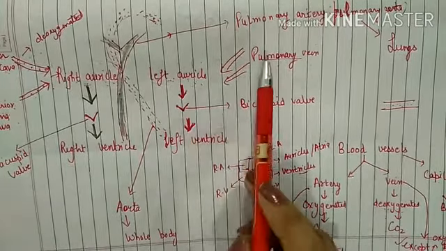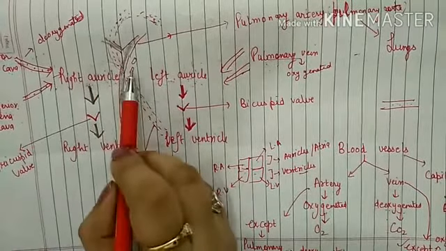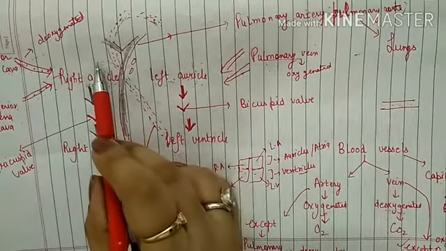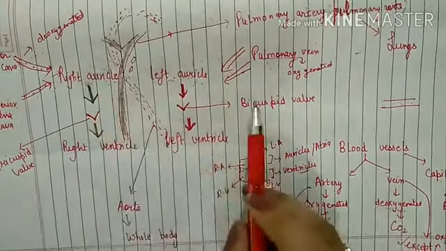So there are 4 pulmonary veins present which will pour the blood into the left auricle. So 2 pulmonary veins from this left side, and similarly 2 pulmonary veins will be coming and pouring the blood from the right side. And these pulmonary veins are taking the oxygen rich blood from the lungs.